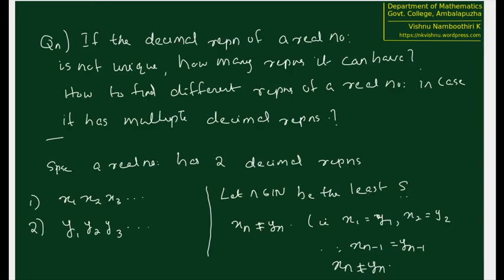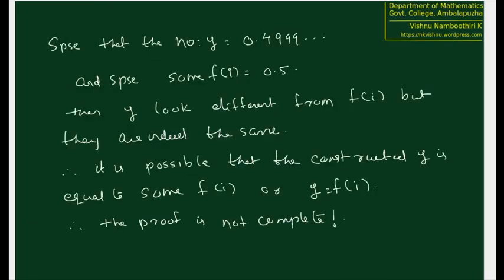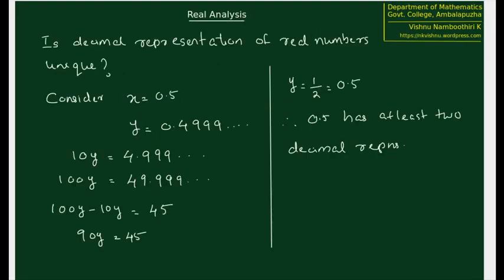If you take a cue from the previous example that we have already seen, if we consider the real number with representation 0.5 and 0.499, etc. So if we try to fit these x and y into our present situation, we have x1 equal to 0, y1 equal to 0, x2 equal to 5 and y2 equal to 4.